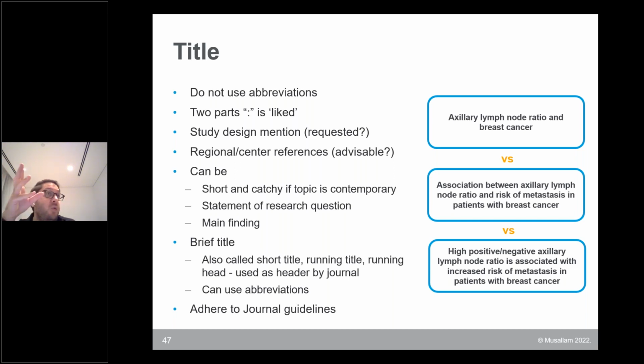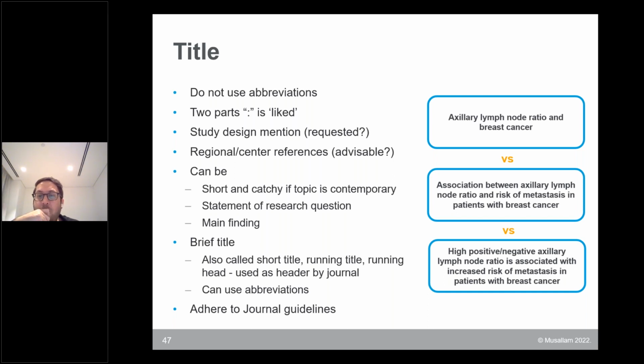Some journals like the New England are very brief. They say the name of the drug for breast cancer. So you need to see the style of the journal and try to match it, but there is no rule there. You can always have something that's abstract, like axillary lymph node ratio and breast cancer. You didn't say anything about it.